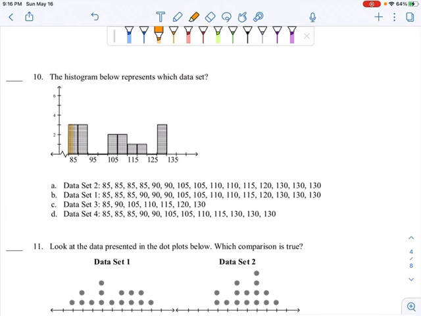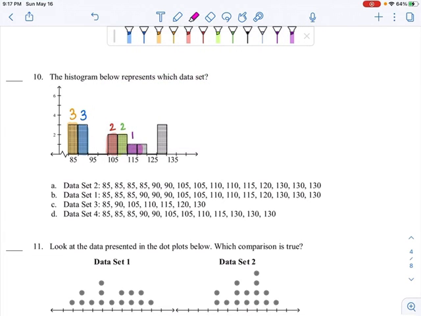So I have 3 85s, 3 90s, 2 105s, oops, I'm sorry, 2 110s, 1 115, 1 120.